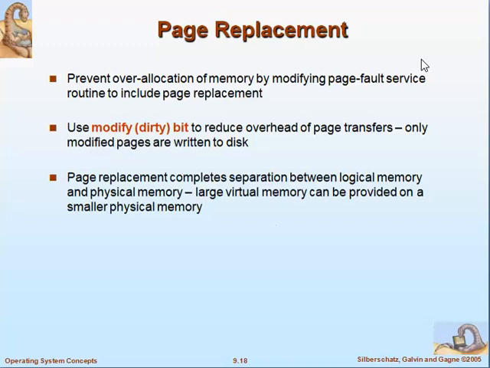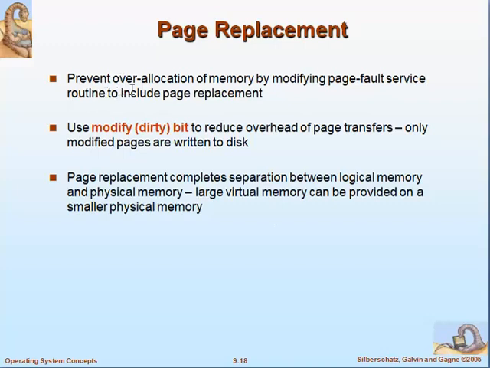We will see the different page replacement algorithms; using one, it will find a victim page, swap out that page, and swap in the required page which caused the page fault. This whole process is called page replacement, and there are different algorithms for it.